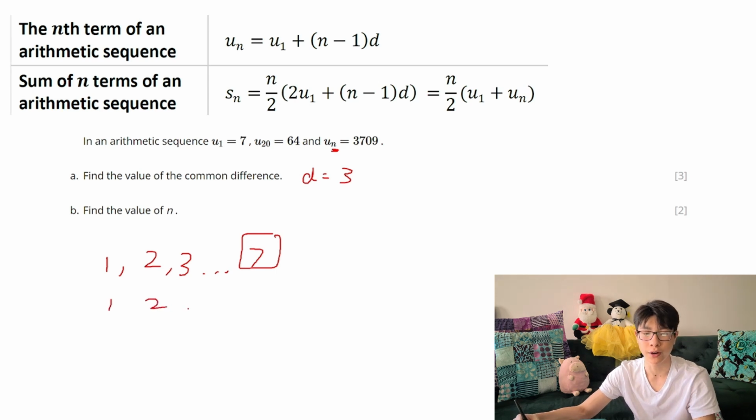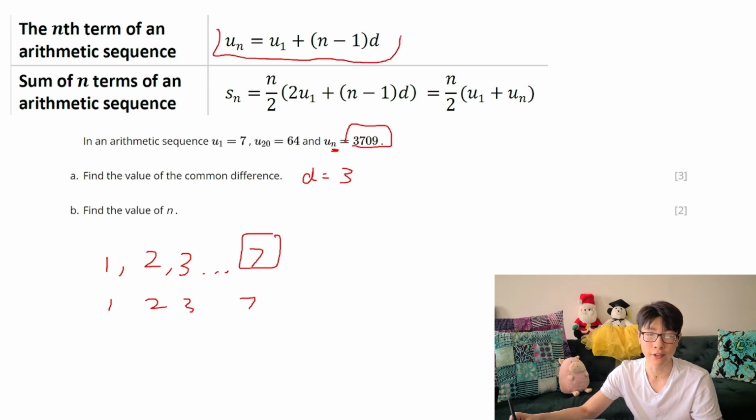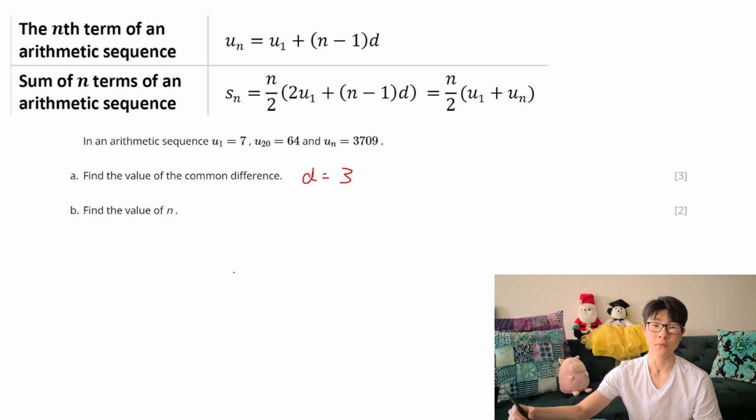Obviously, in this case, we'll know it will be the 7th term, but it's very hard to tell what 3709 would be, which term that would be in the sequence, which is why we need to opt for this equation again. Okay, so substituting everything into our first equation right here. Un we know to be 3709.